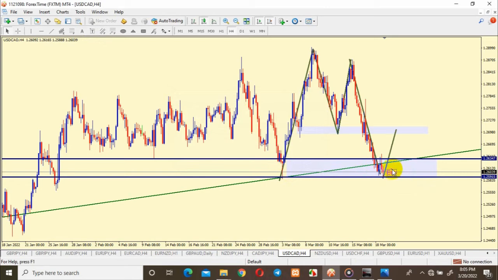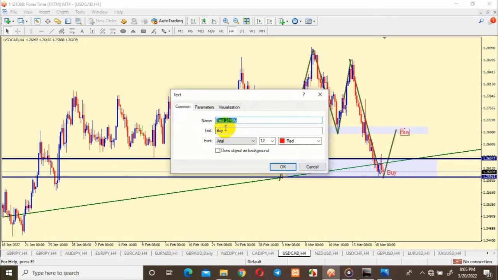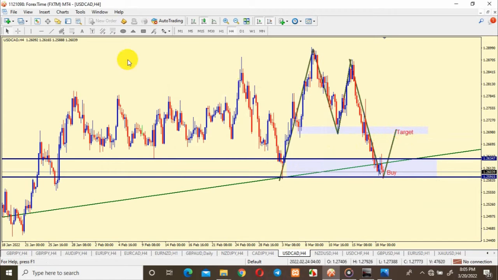Okay, take a buy here. Then target this zone. Target this zone for your buy trade. Then after which you take a sell.